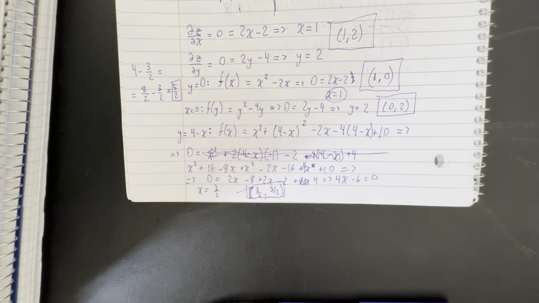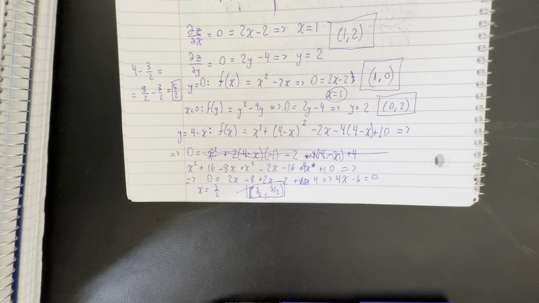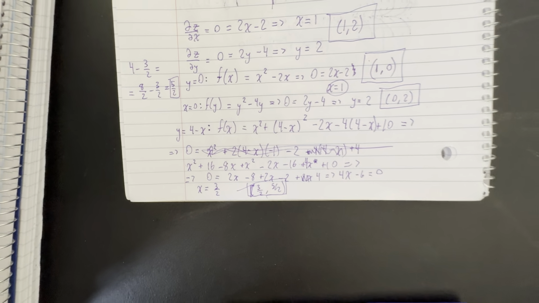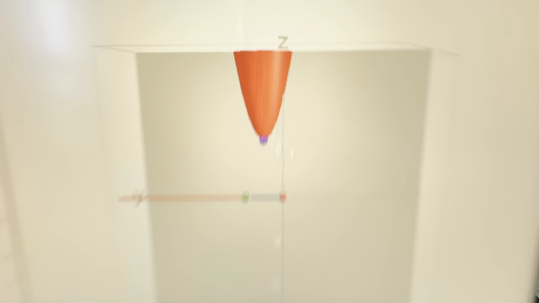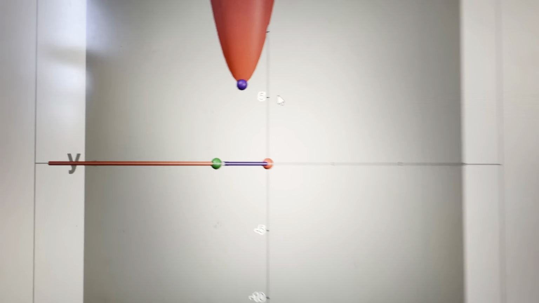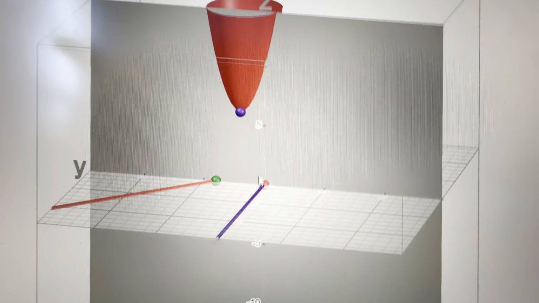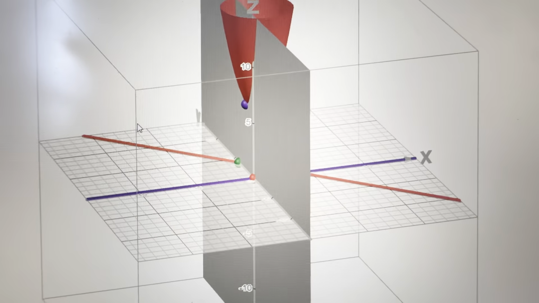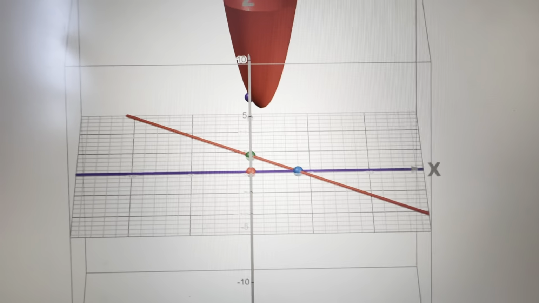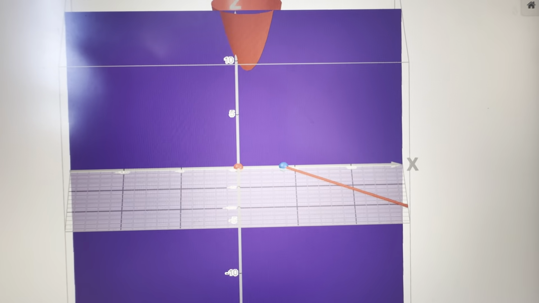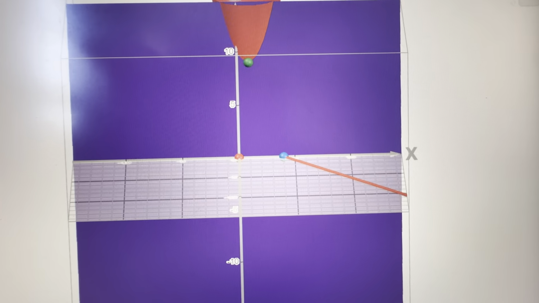Now, next part, we had (0, 2) at x equals 0. So same kind of deal here. This is (0, 2, 6) at x equals 0. And if we want, we could compare it to the previous point right there.